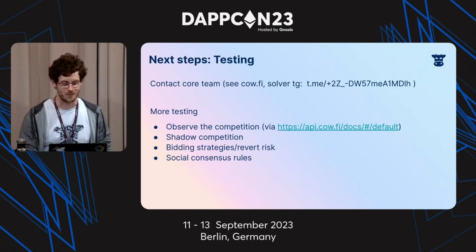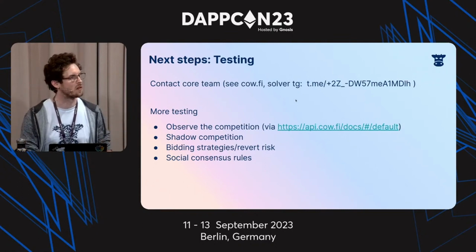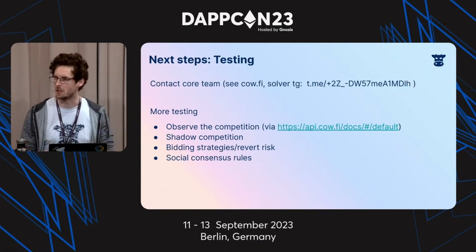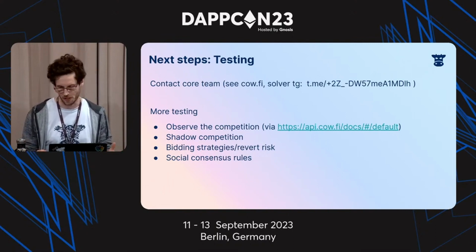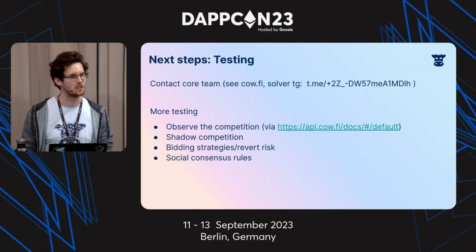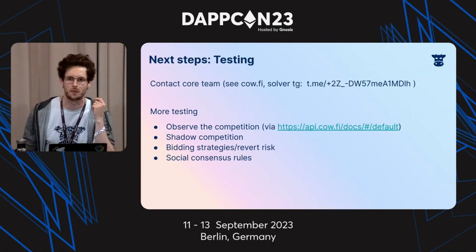A special mention goes towards this solver Telegram group, where some of the production solvers, but also lots of people interested in writing solvers, but also people who maintain or develop other DEXs, AMMs, who want solvers to integrate their liquidity. So lots of people in their Telegram channel. You can ask questions if you want.